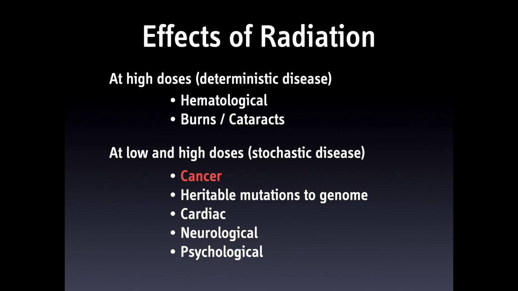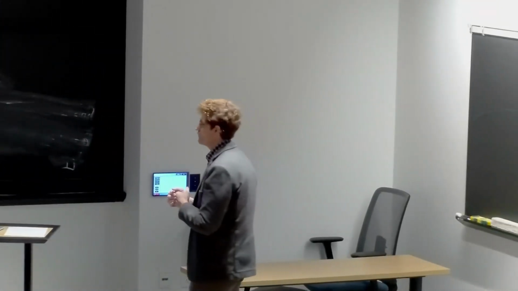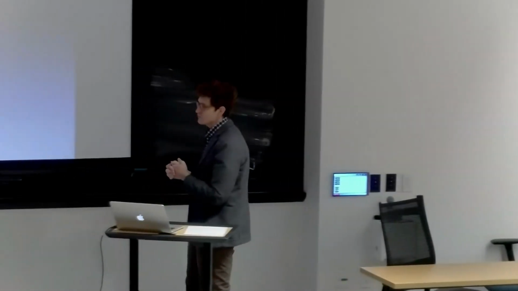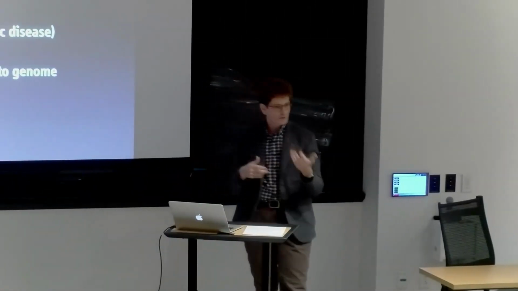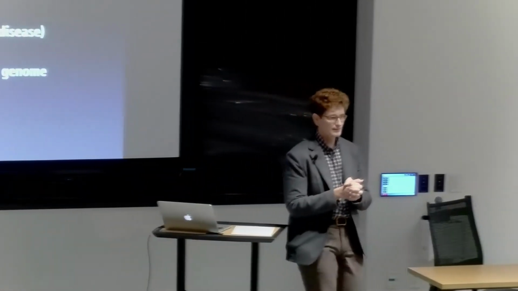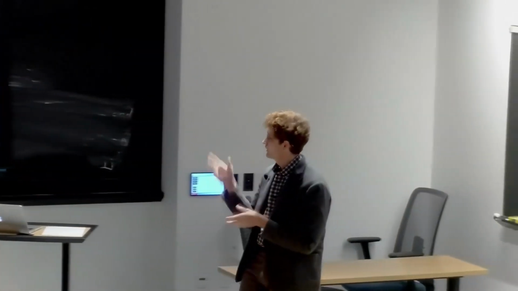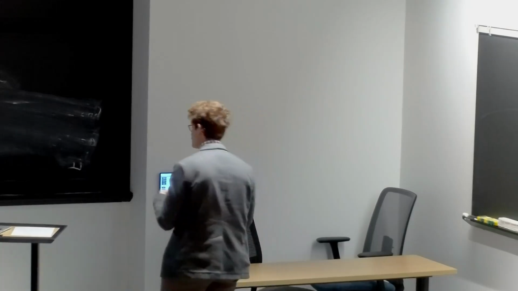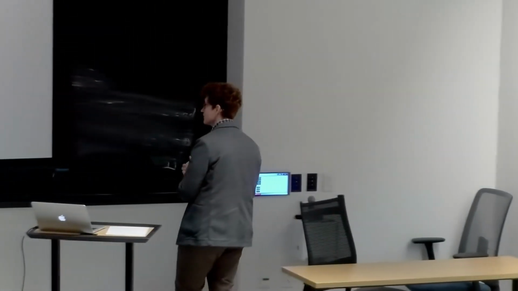So deterministic diseases have the property that the intensity of the illness is directly proportional to the amount of radiation that you get. And sometimes there's a threshold effect that might exist in those diseases. So the classic examples here are like skin burns, cataracts, hematological disorders of some various kinds.